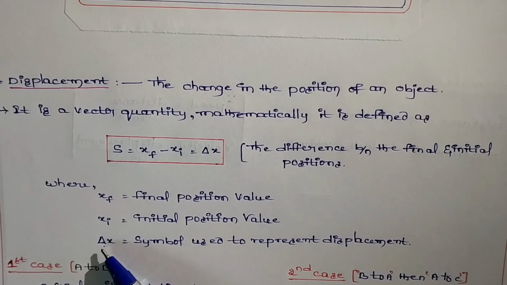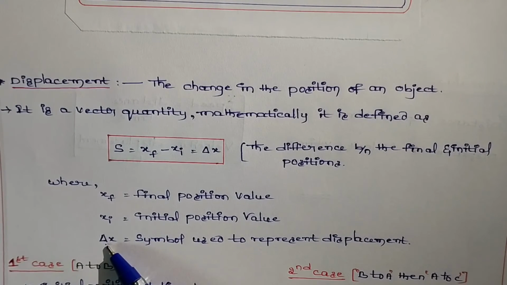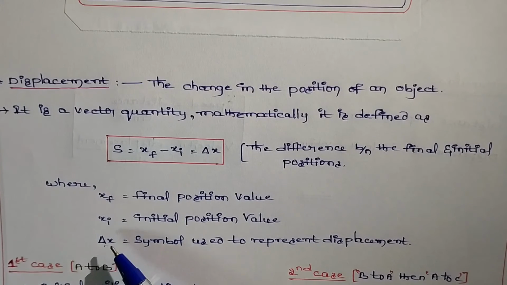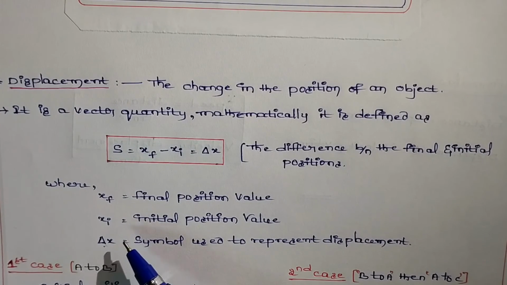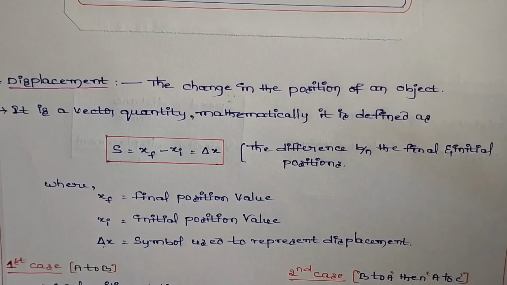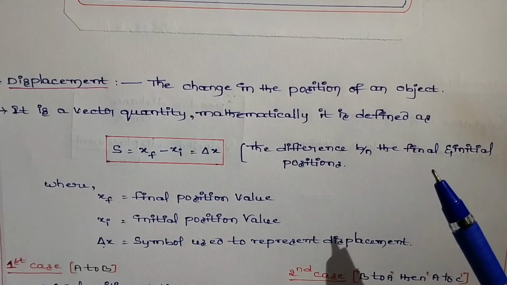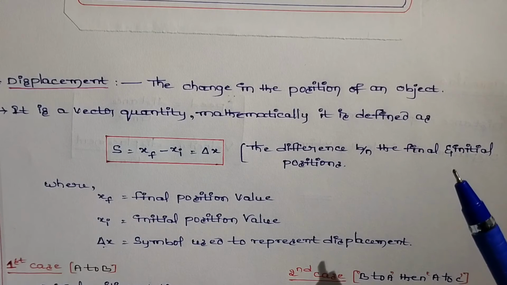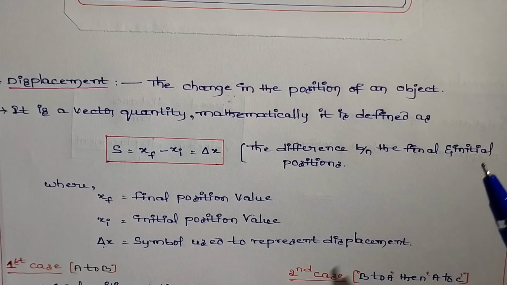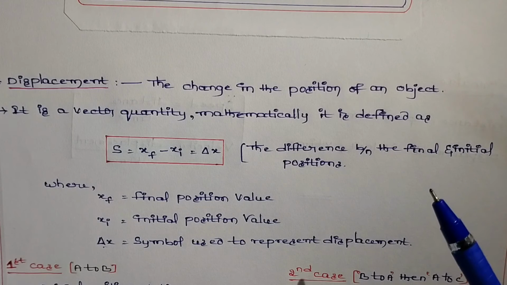In simple terms, in displacement we are quantifying the value of the change in the position. We are counting the value of the change in the position. That is nothing but displacement.